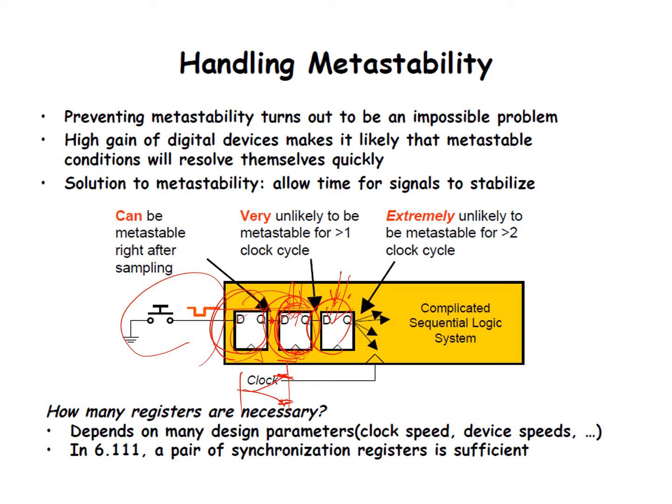The solution is, by adding more flip-flops in the path, we allow time for the signal to stabilize. Now the question is, how many flip-flops do we have to cascade? We need to consider clock speed and device speed, all these kinds of things.